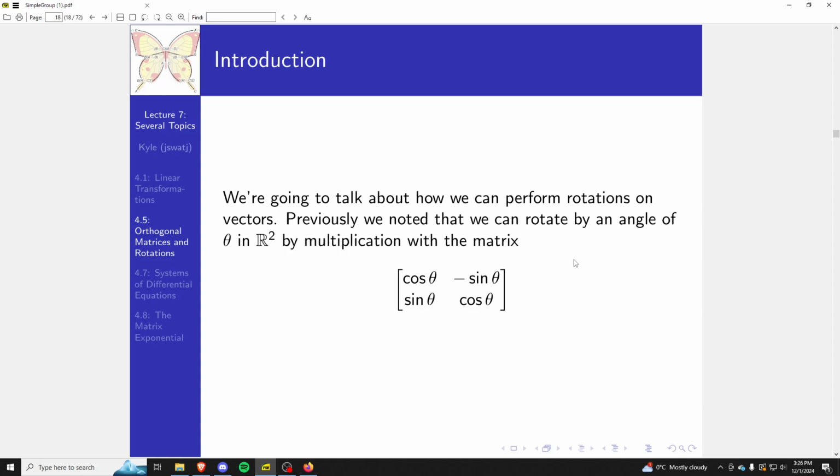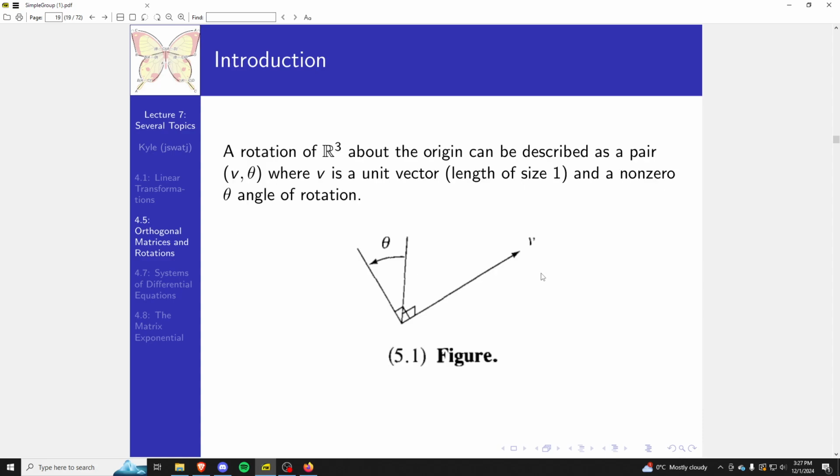Earlier in the book, they mentioned that one type of rotation is with the matrix in R squared, which is here: cos theta, sine theta, all that stuff. A rotation in R cubed about the origin can be described as a pair v, theta, where v is a unit vector of size 1, and theta is some non-zero angle of rotation.